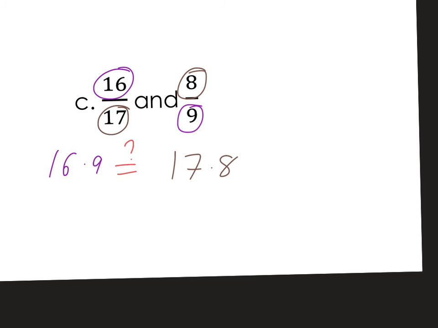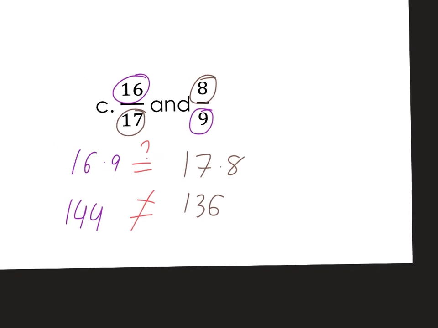Well, 17 times 8 is 136. 16 times 9 is 144. 144 does not equal 136. So C is not a proportion.